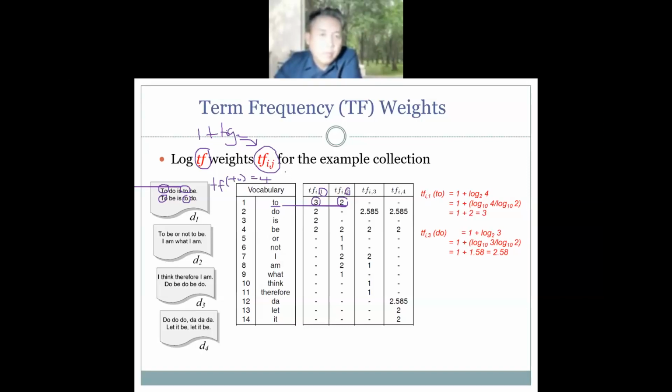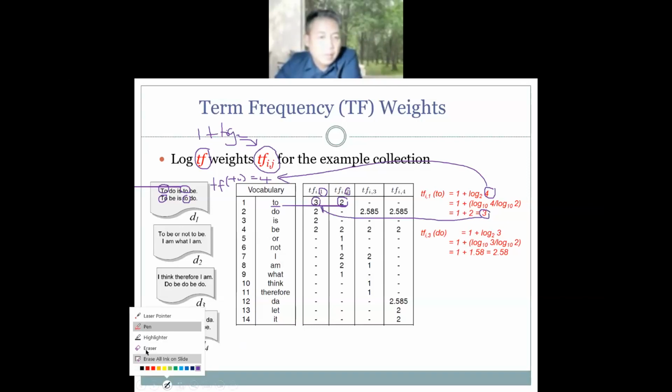So if we convert to the term frequency log, this is the 4 just now, and if we perform the log of 4, we will get 2, plus 1 so we get 3. So that's how we get 3 here.